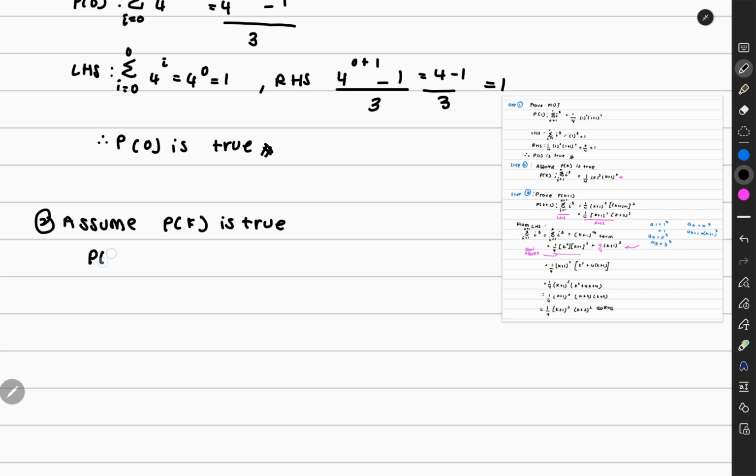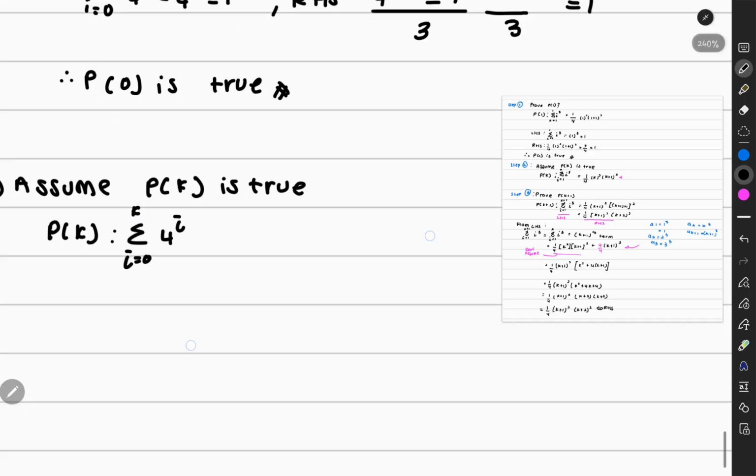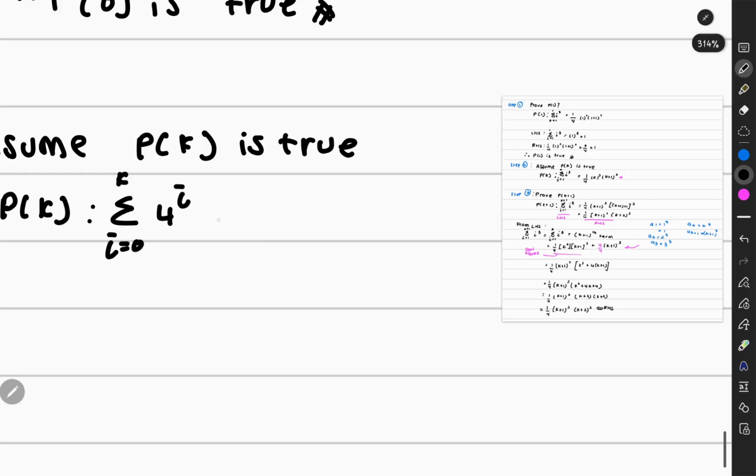You'll have the summations of your 4 sub I. The 4 sub I is the term. The first term will be 4 to the 0, second 4 to the 1. So I is starting from 0 to K, which means you have 4 to the K plus 1 minus 1 over 3. Betul tak? Okay. That is your assumption.